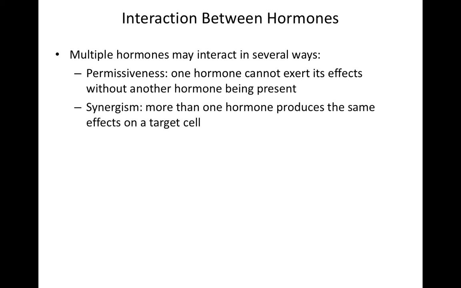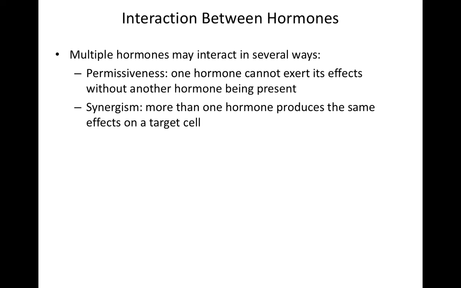Synergism is when two hormones work together on the same concept. FSH and testosterone work together for sperm production. Neither one of them can create a whole lot of sperm without the other. They both have to be present at the same time.